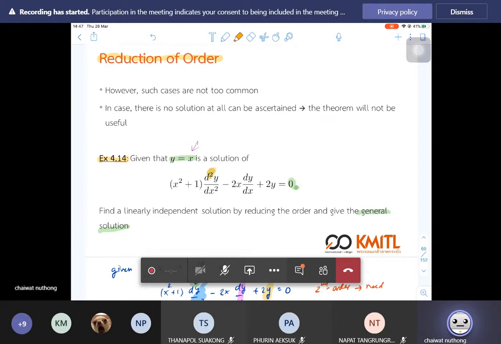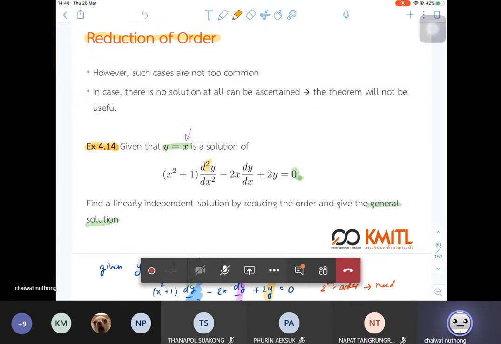For this example, 4.14, you are already given one solution, which is y equal to x, and the given differential equation is second order. So you have to find another n-1, which is 2 minus 1, so just one more solution.